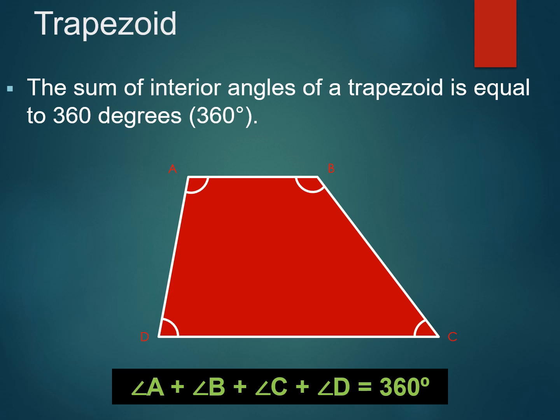So we can say that angle A plus angle B plus angle C plus angle D is equal to 360 degrees. This is applicable to all types of trapezoid.